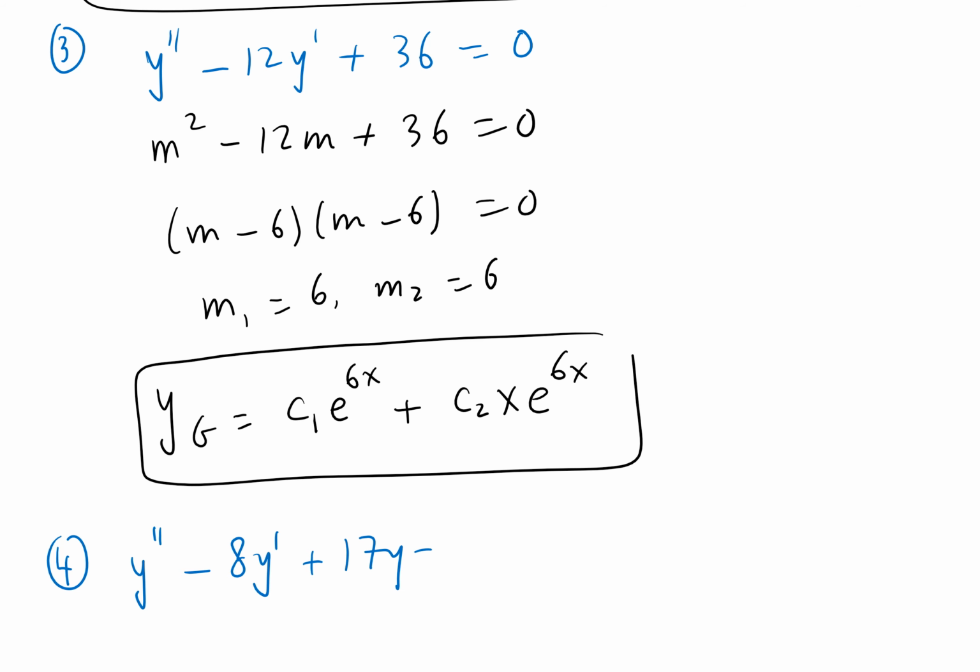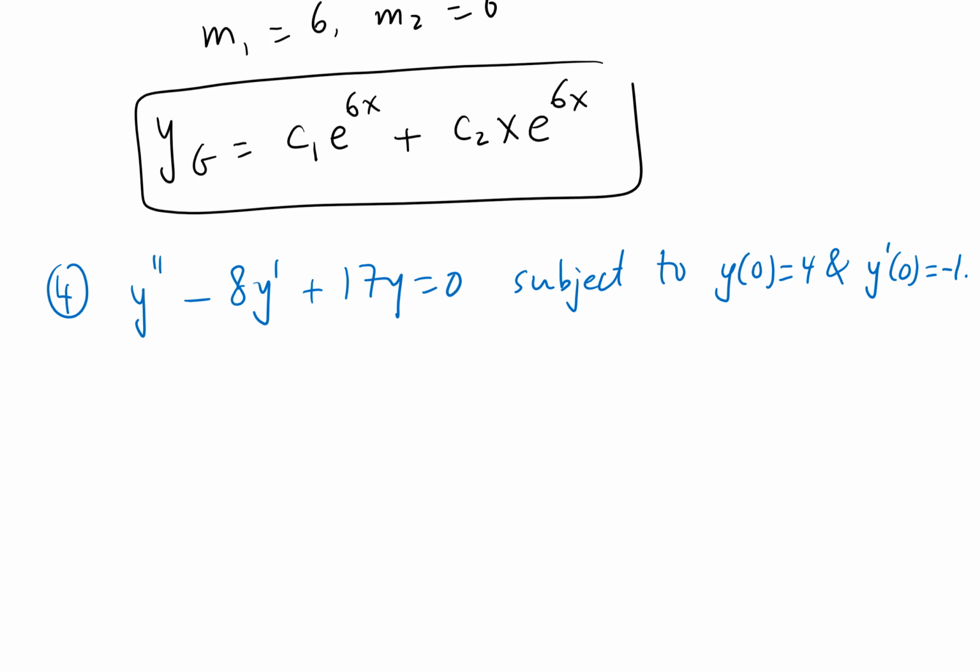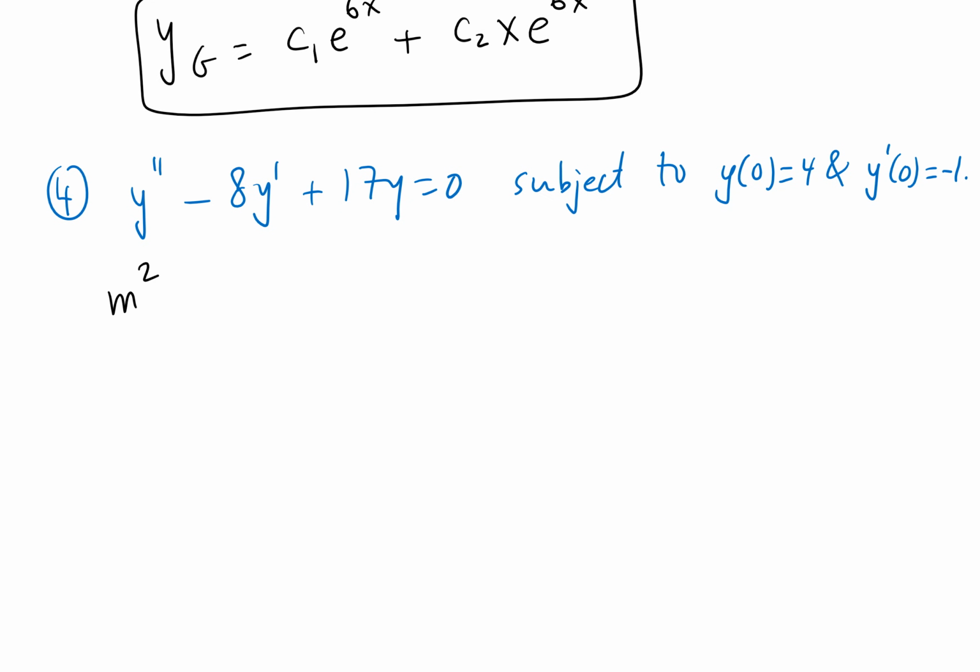How about something like this, subject to or provided the conditions y of 0 is 4 and y prime of 0 is negative 1. So the auxiliary equation is m squared minus 8m plus 17 equals 0. And this one is not easy to factor by trial and error.